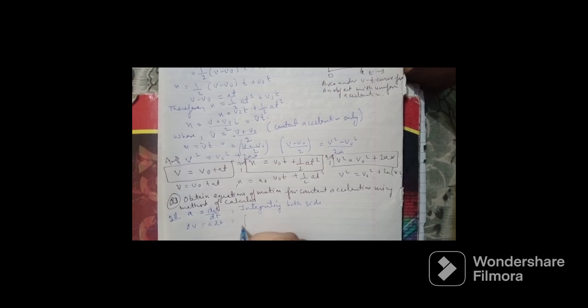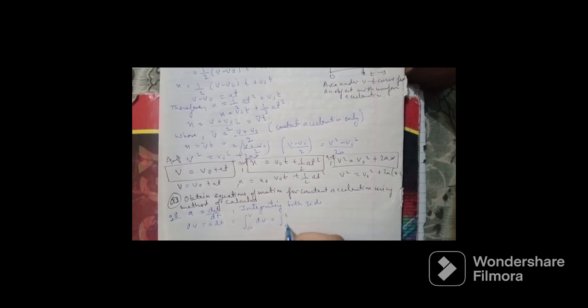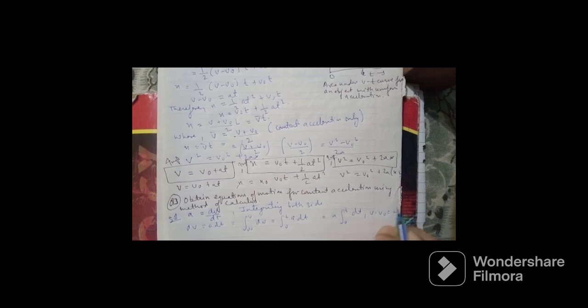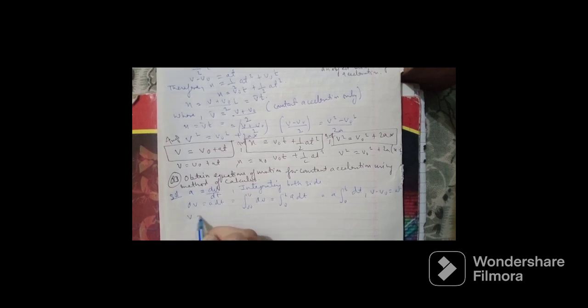By integrating this, we get the integral of dv from v naught to v equals the integral of a dt from 0 to t, which equals a times the integral of dt from 0 to t. Since a is constant here, v minus v naught equals at, so v equals v naught plus at.